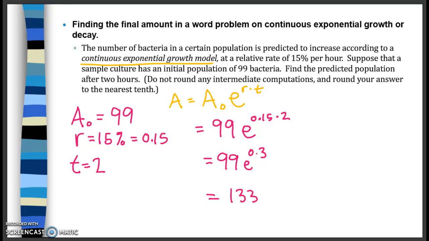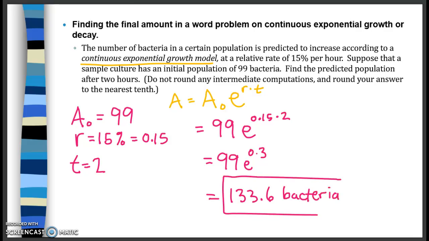Oh, it says round to the nearest tenth, so this is going to be 136.6 bacteria. So we started with 99 bacteria, and after some growth, in 2 hours we have 136.6 bacteria.